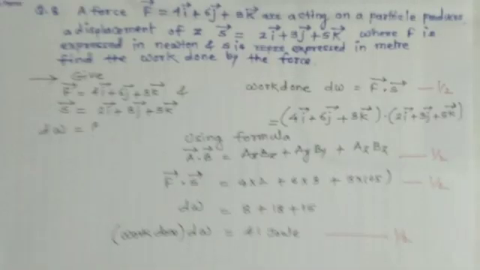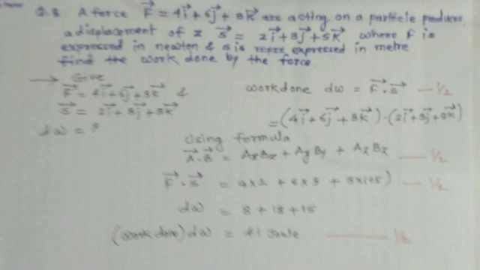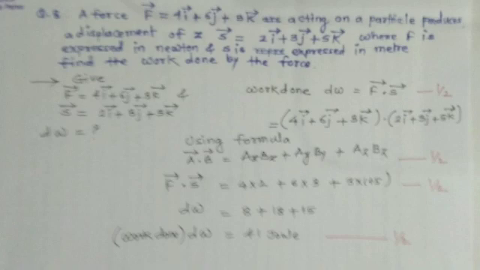Question number 8. A force vector F equal to 4i plus 6j plus 3k acting on a particle produces a displacement of vector S equal to 2i plus 3j plus 5k, where F is expressed in Newton and S is expressed in meter.